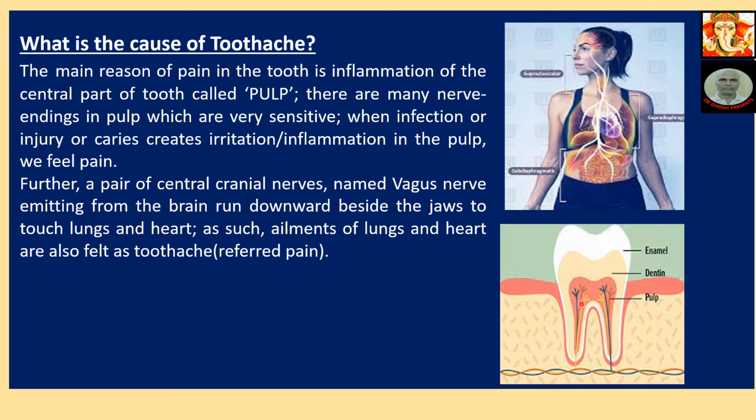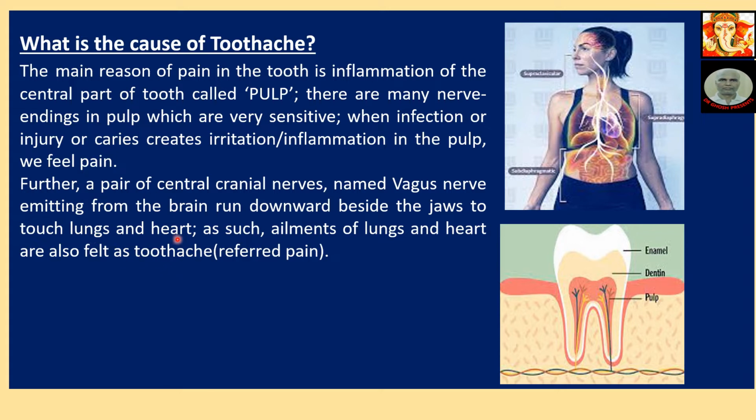This is pulp. Further, a pair of cranial nerves named vagus nerves, emitting from the brain, runs downward beside the jaw to touch lung and heart. As such, ailments of lungs and heart are also felt as toothache. The course of this particular cranial nerve, vagus, passes beside lungs and heart.